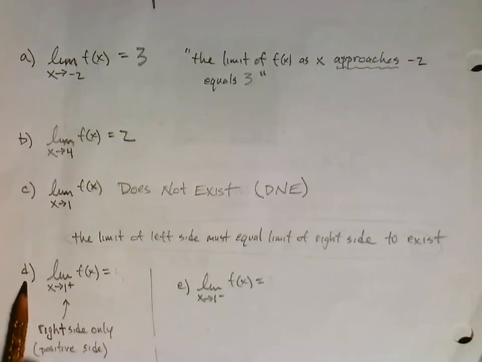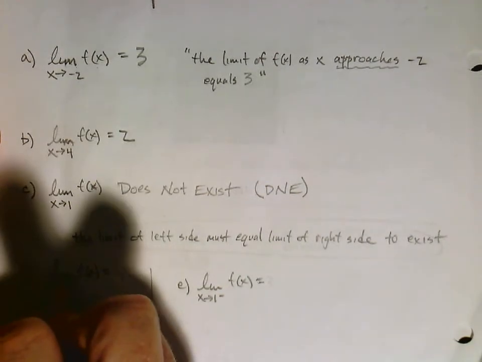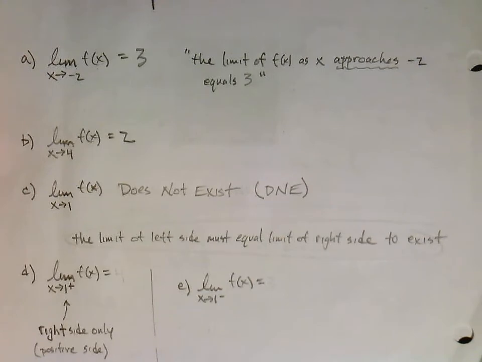In part D, we're going to say the limit of f of x, and now notice I put a little plus sign there. As x approaches 1 with that little plus sign, that's a superscript.